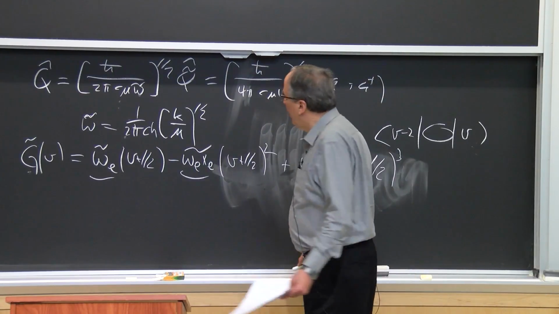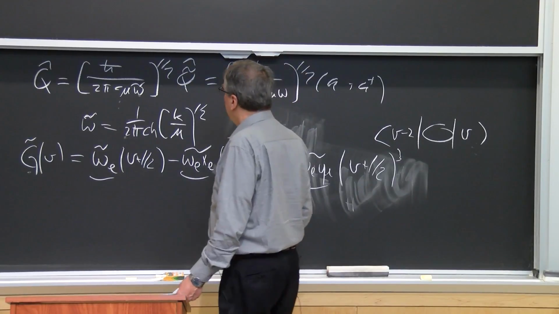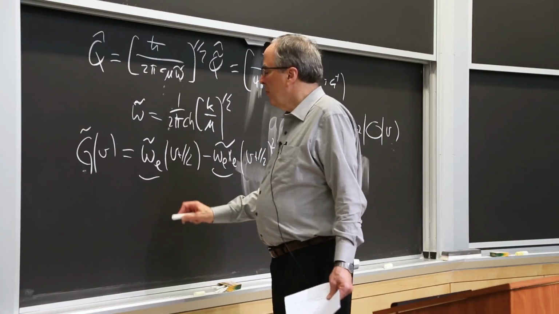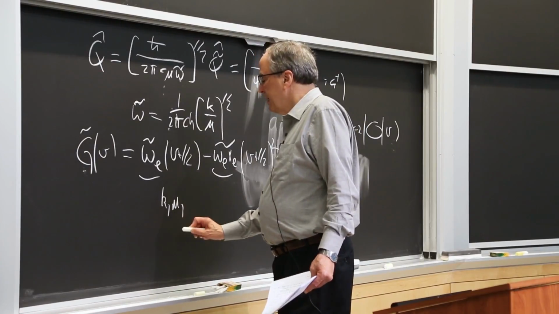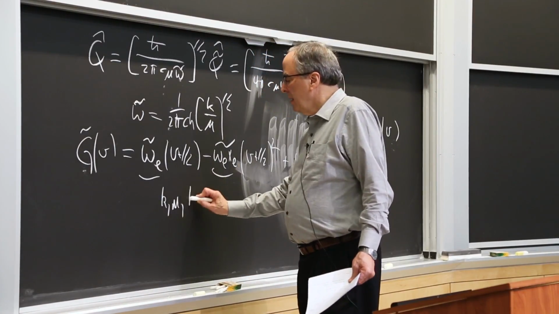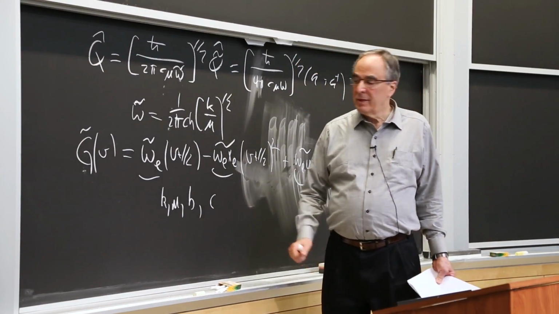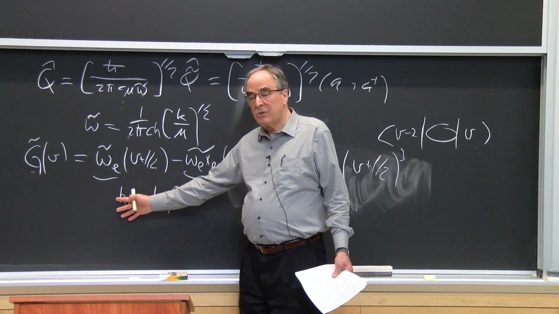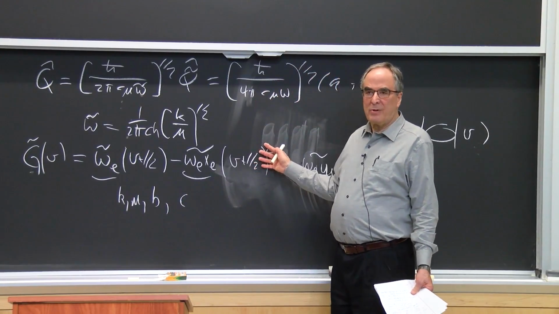But what you want to know is the force constant, the reduced mass, the cubic anharmonicity constant, the quartic anharmonicity constant, and whatever. So these are structural parameters, and these are molecular parameters, or not.